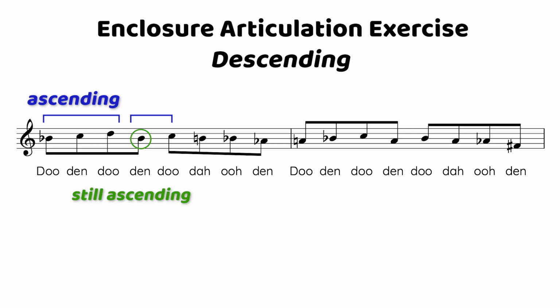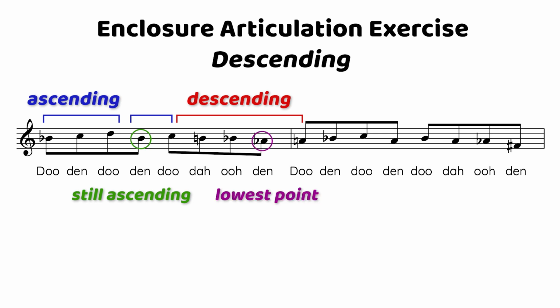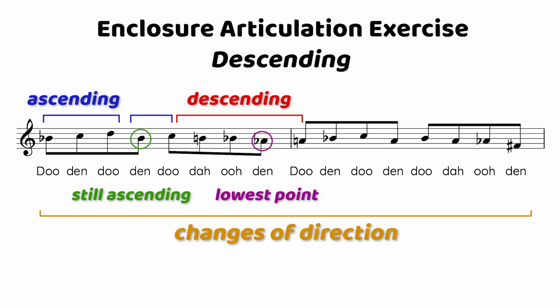That true change of direction, that change of articulation, comes on beat 3 and we have that da, and of course we finish off the measure with da-oo, den, do, right? So that den, that lowest point on beat 4 and, is leading to the do on beat 1 of the next measure. So a lot of subtle changes of direction here.